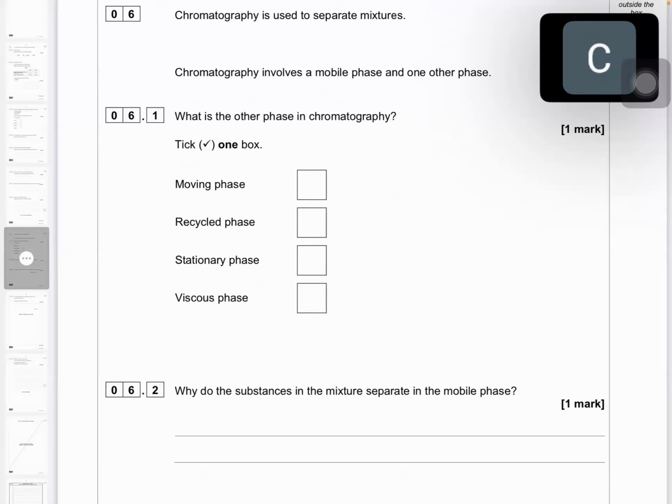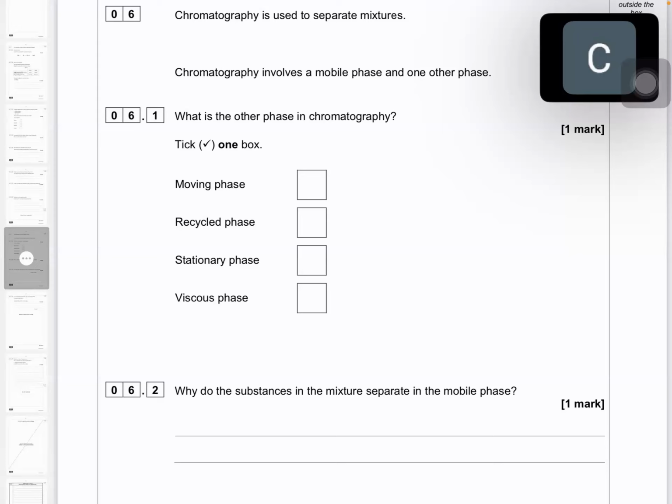Okay, it says, why do the substances in the mixture separate in the mobile phase? Yeah, just basically what I said. They move at different speeds through materials like what the filter paper is made of. So if you look at experiments that have to do with chromatography, you will notice that the mixture is first put at the center of a filter paper that's been dipped in a liquid.